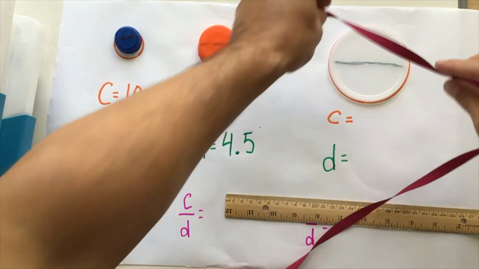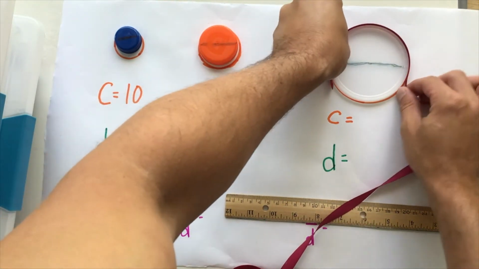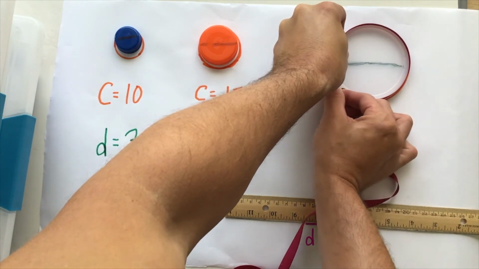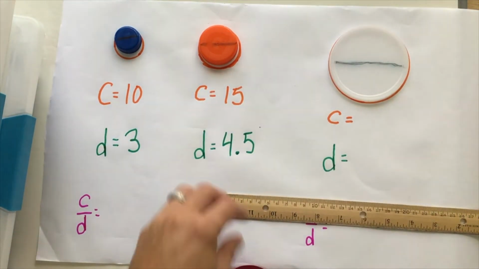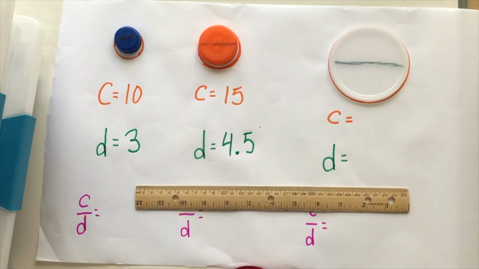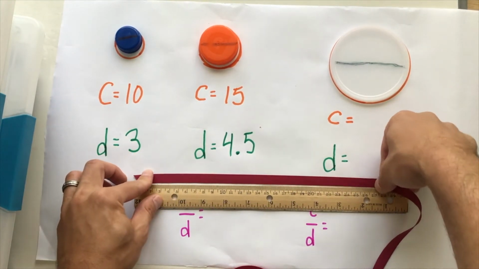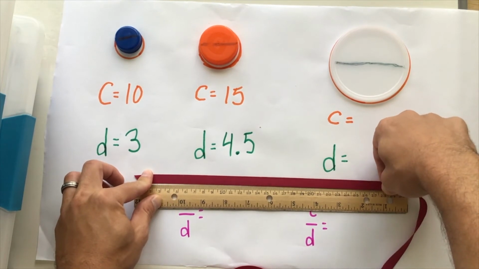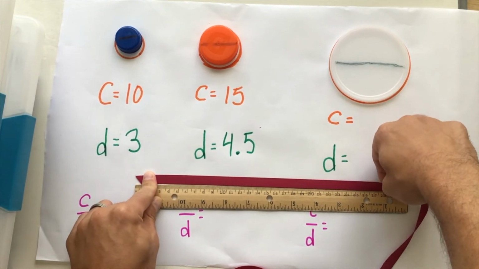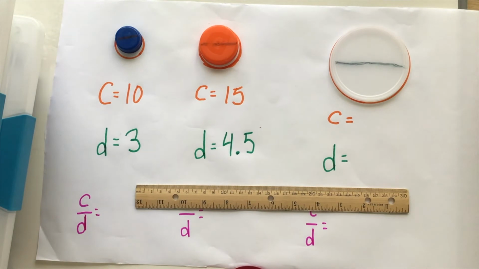Let's do the big top now. I'm going to take my string. I'm going to wrap it all the way around, make it nice and tight so I can be precise in my measurements. And then I'm going to lay it across my ruler from tip to tail. And it looks like it's about 28 centimeters in circumference.